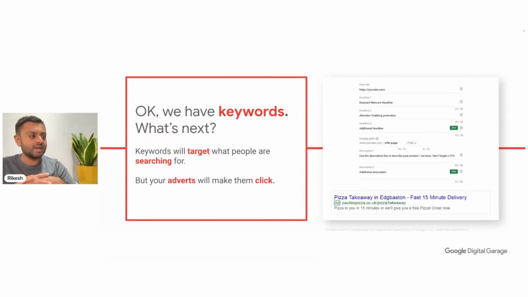And then you've got the link to Paulie's Pizzeria. Now, that link in particular might not be the link that takes that individual to Paulie's Pizzeria's website, but what is known as a display path. So it could be Paulie's pizza.co.uk/pizza/takeaway, but the actual website link might have some numbers and letters in amongst that as well.